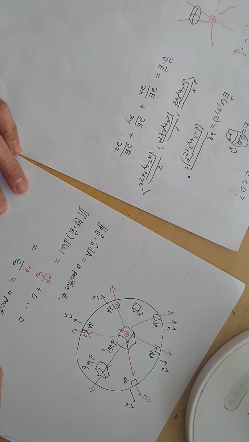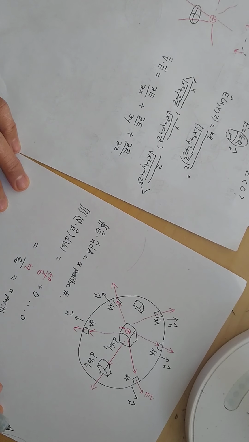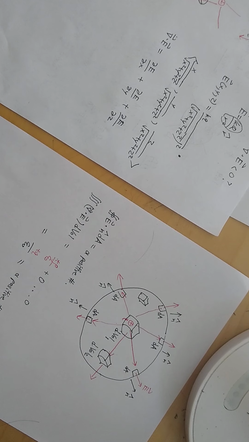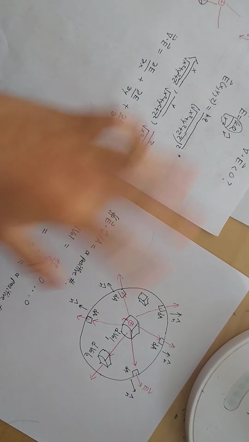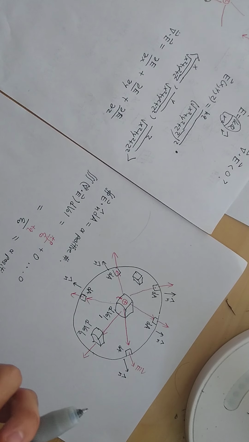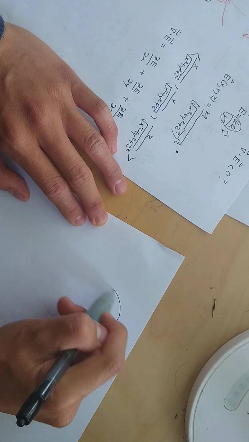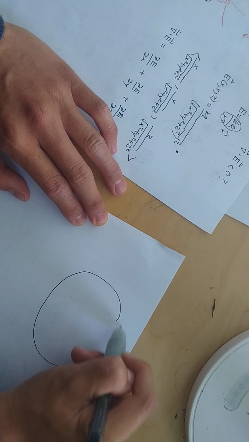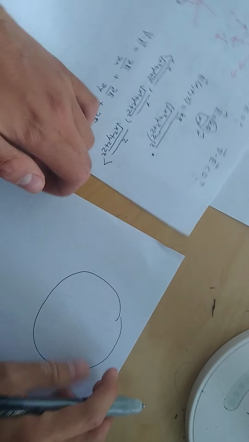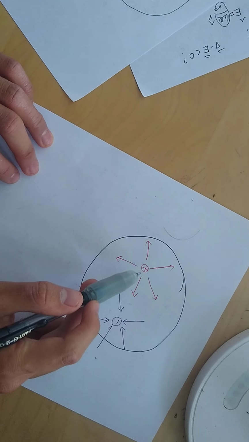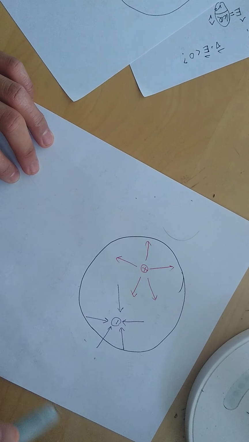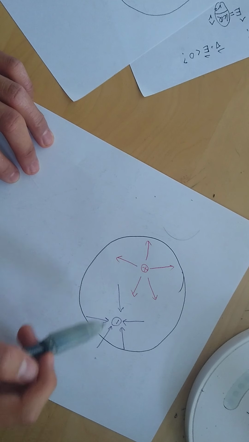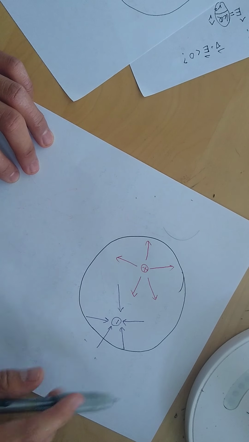But let's say I create a different situation where you had both a positive charge enclosed in the sphere, as well as a negative charge. So in this case, here's your surface again. So here's a plus charge and a minus charge located just slightly offset in the sphere.